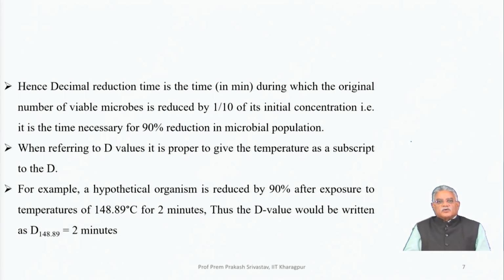When referring to D values, it is proper to give the temperature as a subscript to the D. For example, a hypothetical organism is reduced by 90% after exposure to a temperature of 148.89 degrees Celsius for 2 minutes. Thus, the D value would be written as D subscript 148.89 is equal to 2 minutes.